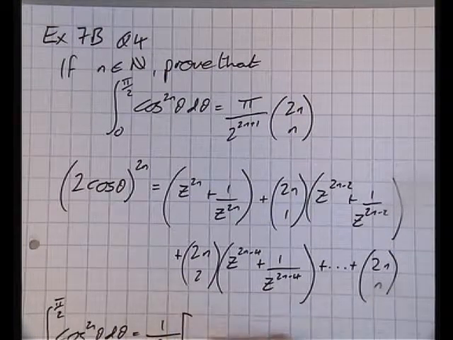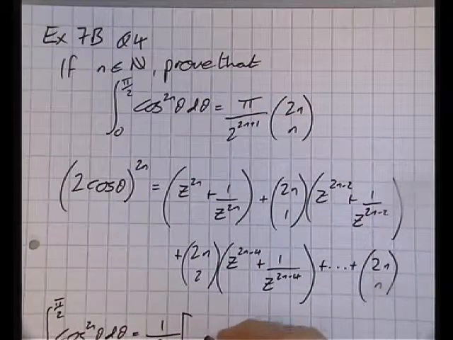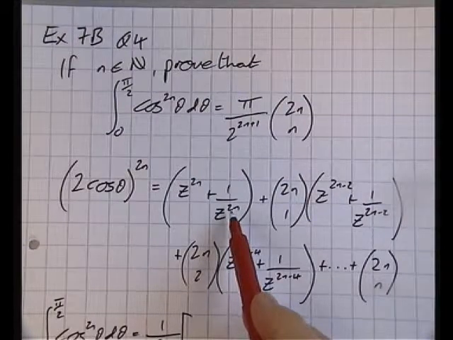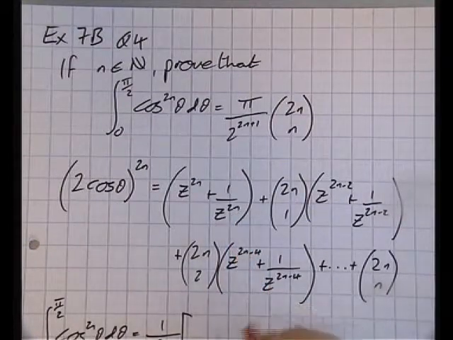multiplied by, now mustn't forget the 2's on this side as well, because remember z to the 2n plus 1 over z to the 2n is 2 lots of cos 2n theta.